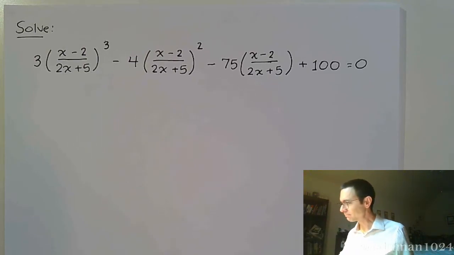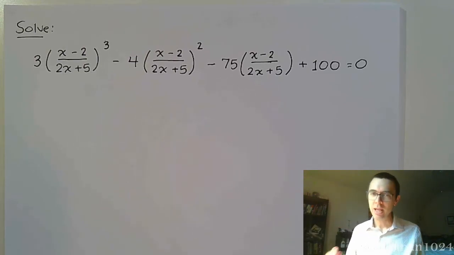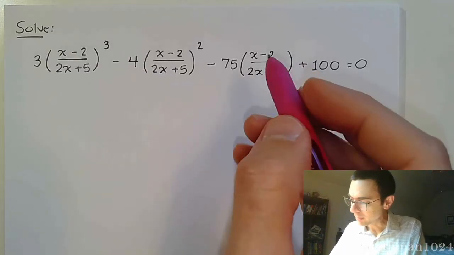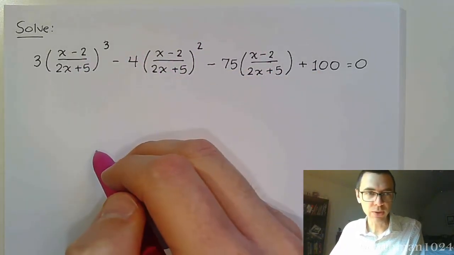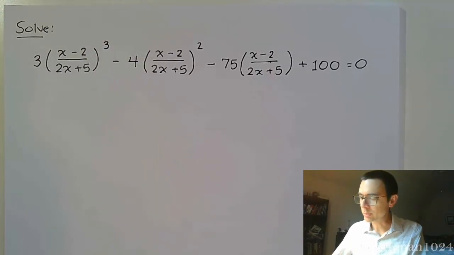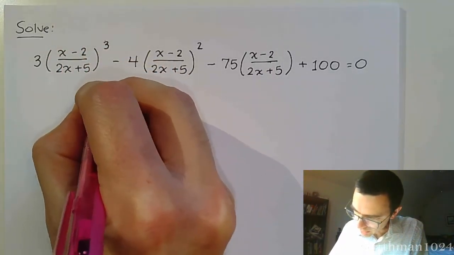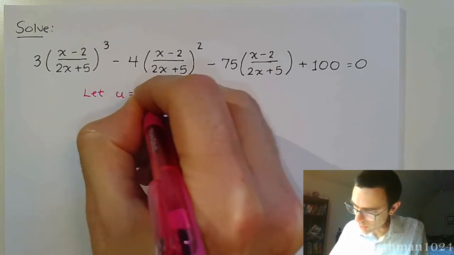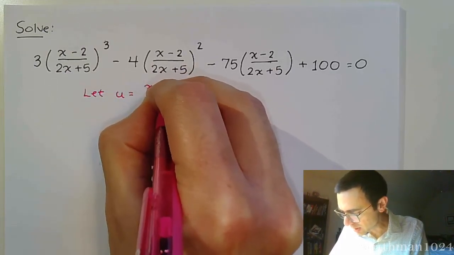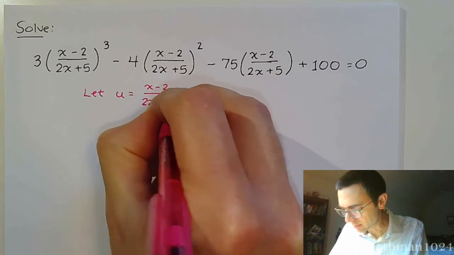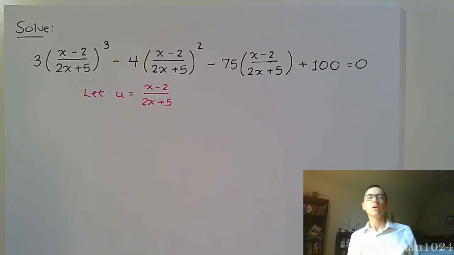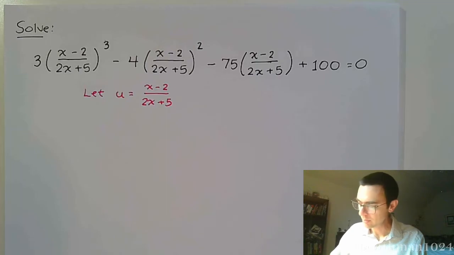All right. So, as you have probably guessed, this is going to be my u. You see this guy is repeated for these other sections of the problem. And let's see what happens if I let u represent this complicated looking expression. So let's make that transition.